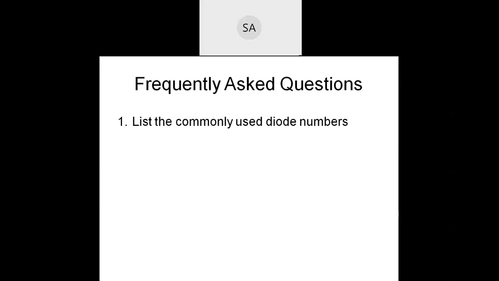The IN4001, 4002 and 4007 all come under the category of the 400X series. And BA102, BB104B, BB113. These are the commonly used diode numbers.